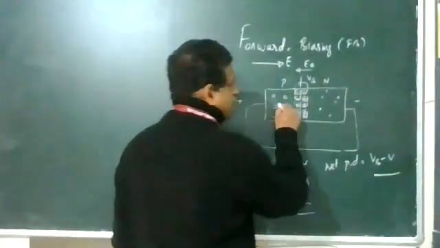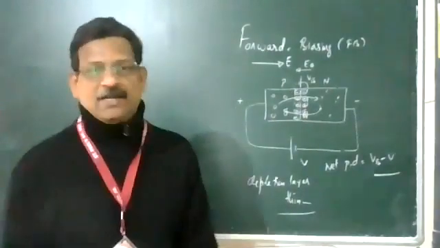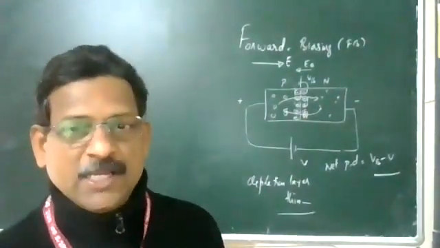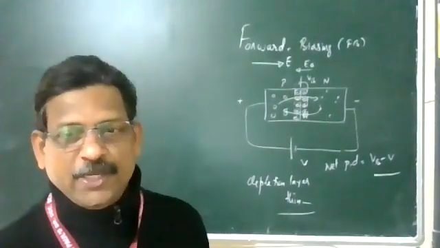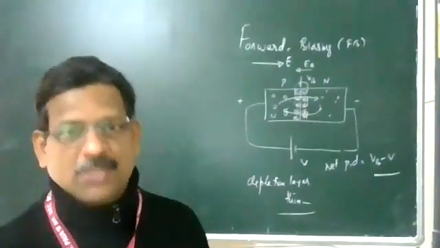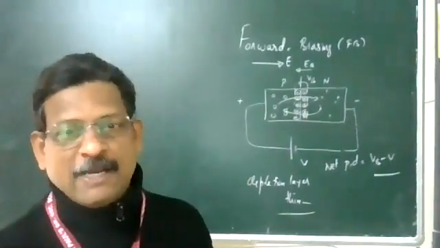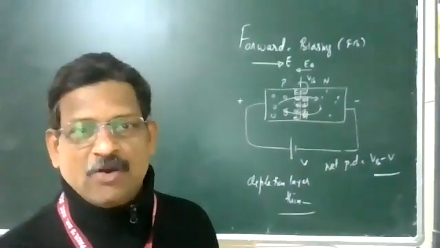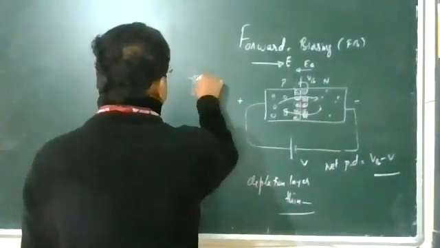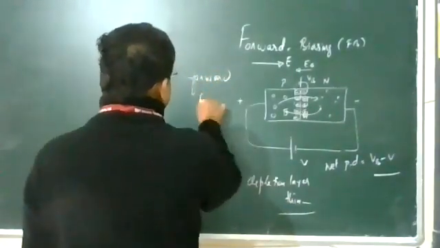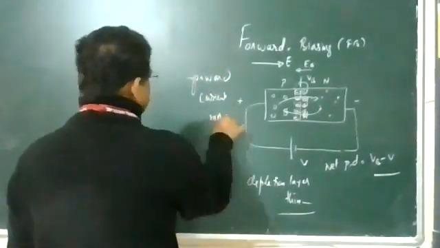Holes can now go to the N side, and electrons can come from the N side to the P side. As we increase the applied voltage, more and more majority carriers flow, producing a current. The current in the circuit is called the forward current, and it is of the order of milliamps.